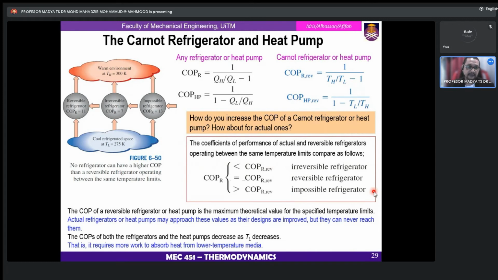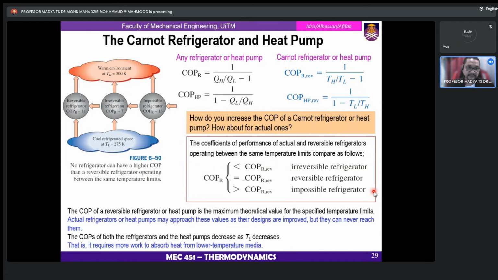Actual refrigerators or heat pumps may approach these values as their designs are improved, but they can never reach them. However you improve the design, in the end they never reach the limit.